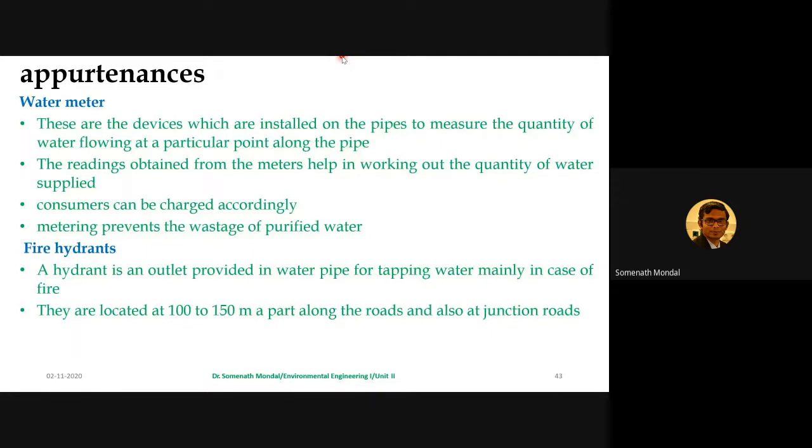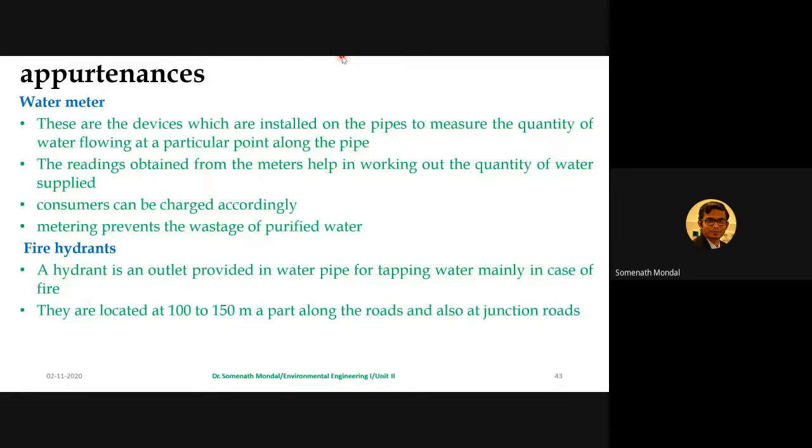Once we say a good water meter, a good water meter should have several characteristic features which I am going to point out. First, it should be capable of measuring all kinds of flow, throughout the day, throughout the year, basically for the entire service life.